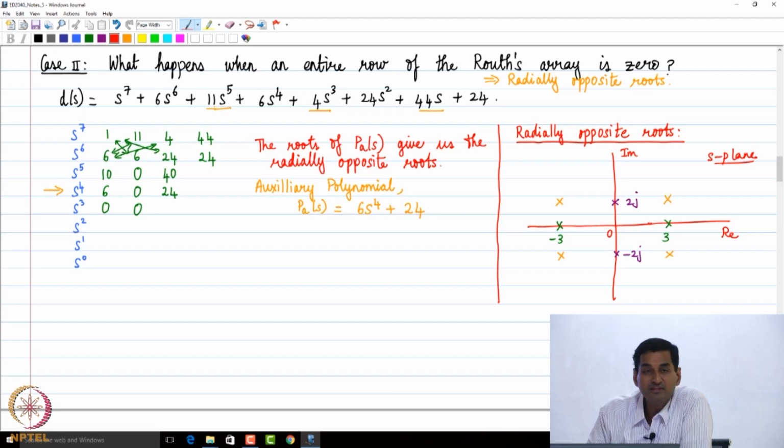So in this case, what do you think the radially opposite roots are? If you calculate 6 s power 4 plus 24 equals 0, that gives me s power 4 plus 4 equals 0. What is the solution of s power 4 plus 4 equals 0?